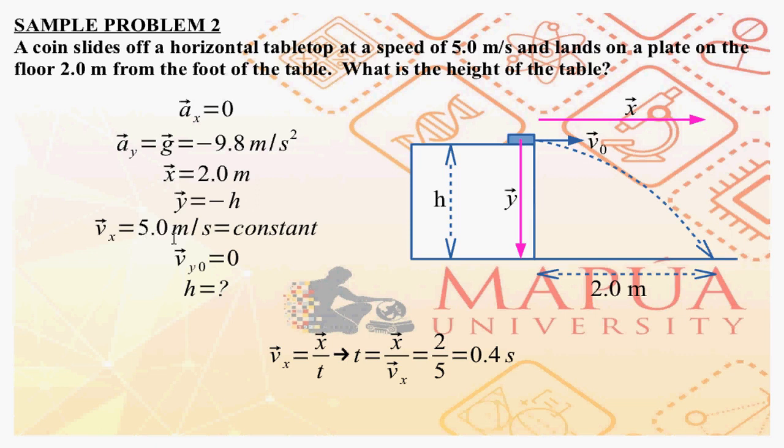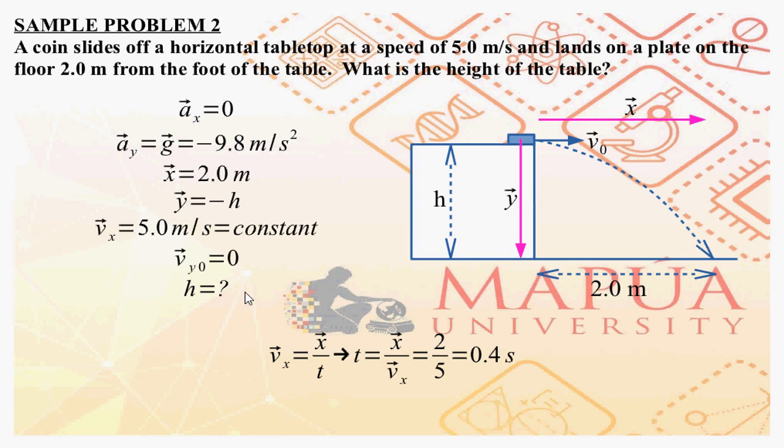And since you have uniform motion on the x component, Vx is constant. Since the initial velocity is horizontal, the y component of the initial velocity, Vy naught, is 0. And we are being asked to get the height h of the table.